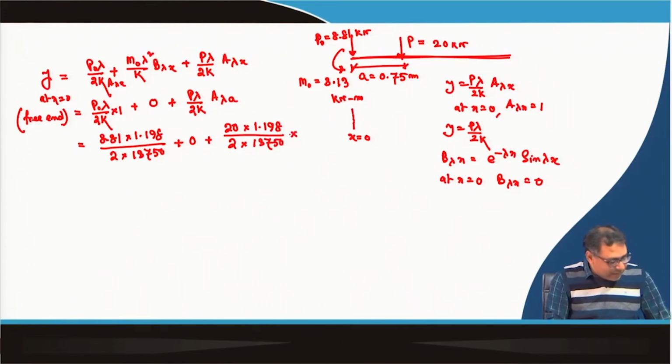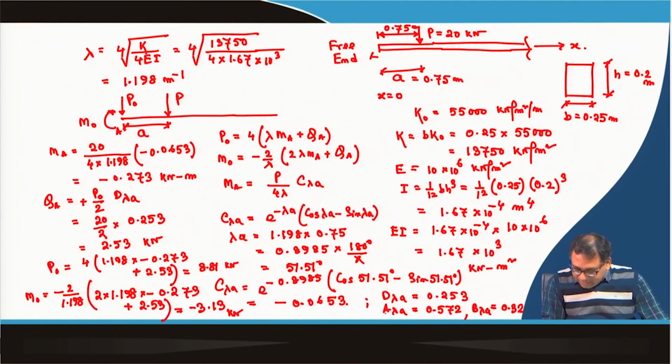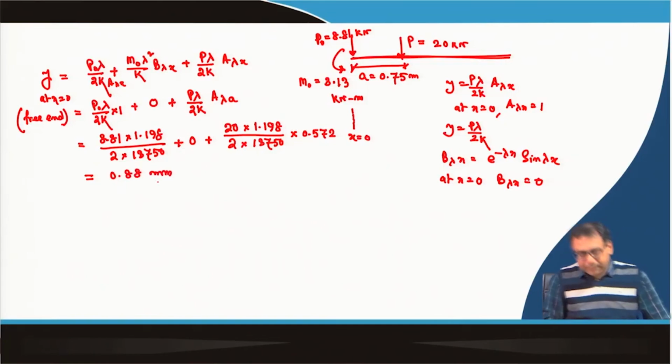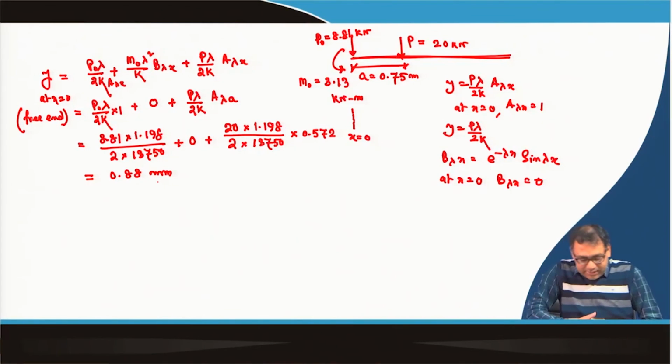A lambda a we have calculated, the A lambda a is 0.572, so that we will put. So, this value is coming out to be 0.88 millimeter. So, this is the settlement at x equal to 0 or free end, that is 0.88 millimeter.